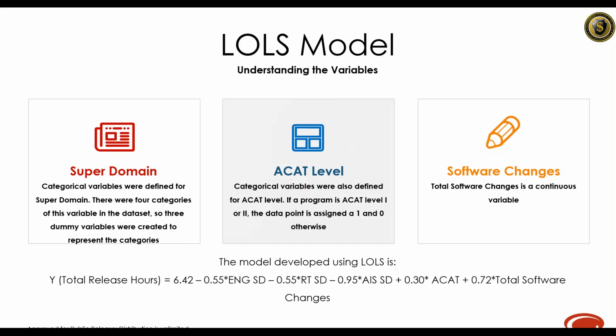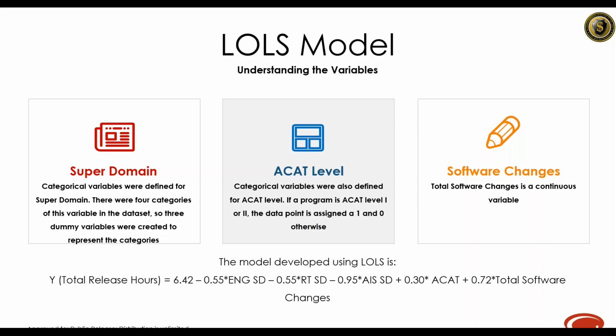Okay, so this is the log transform OLS model that we developed using our total release hours as our dependent variable. And again, those 3 independent variables that we use are superdomain, ACAT level, and software changes. And superdomain and ACAT level are categorical variables, so we define dummy variables within the data set for these.